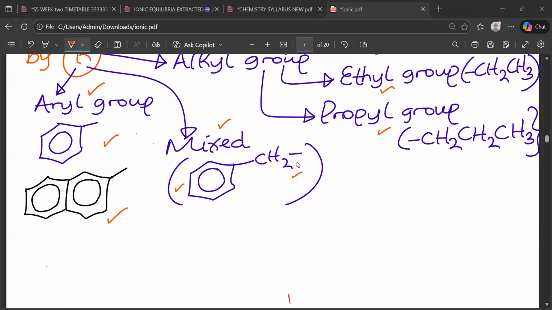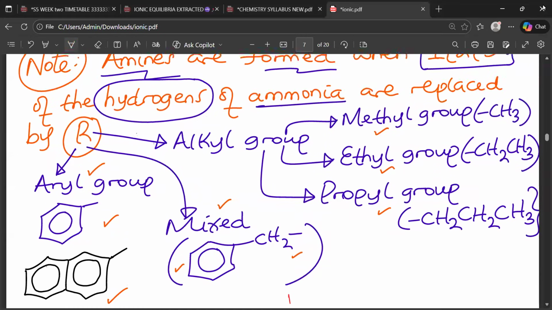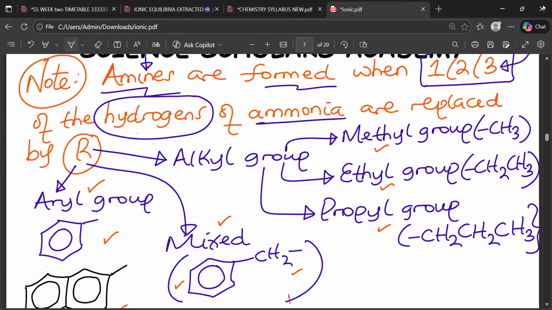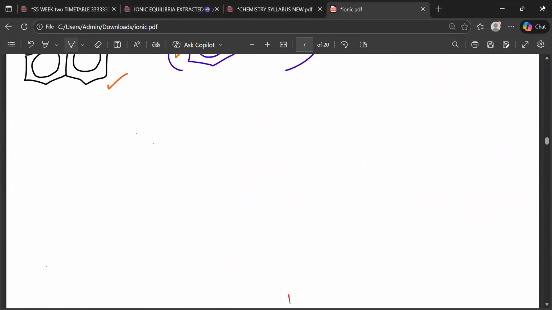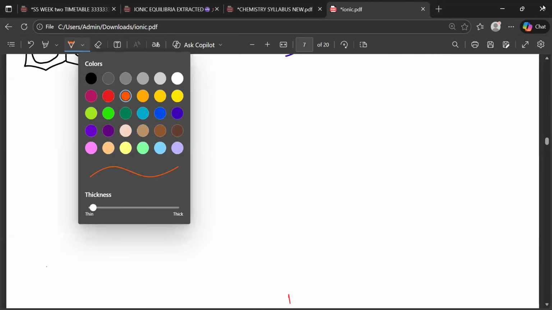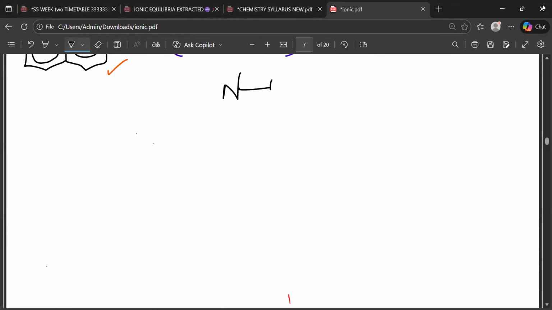Okay, people. Let's see some of the examples and how we can name. So I want people to look here. Assuming this is your ammonia, I don't want you to tell me things like, but ammonia has a trigonal pyramidal shape. We are not drawing shapes.